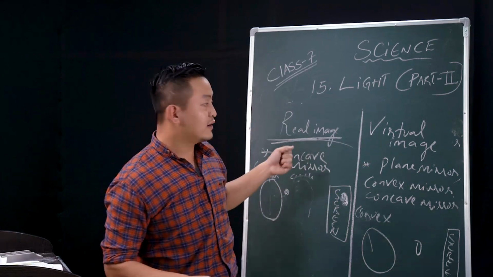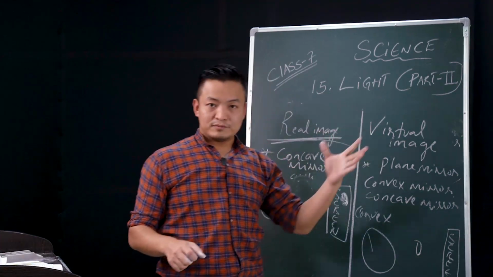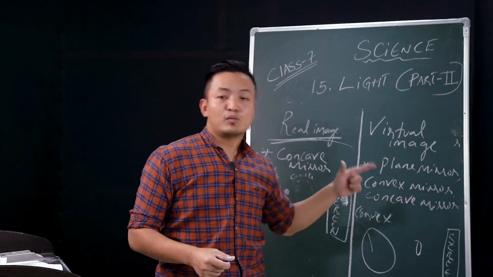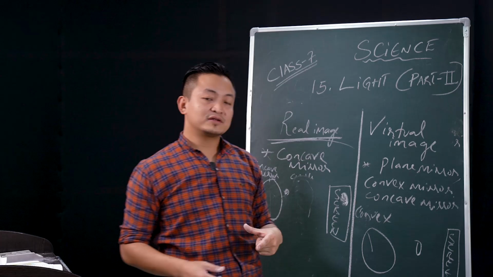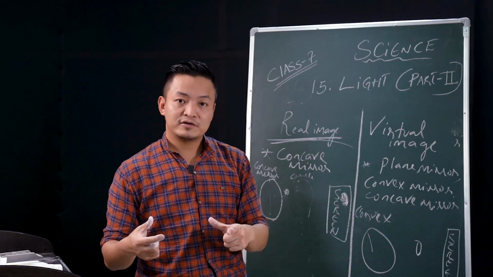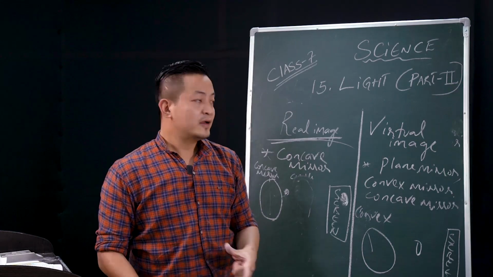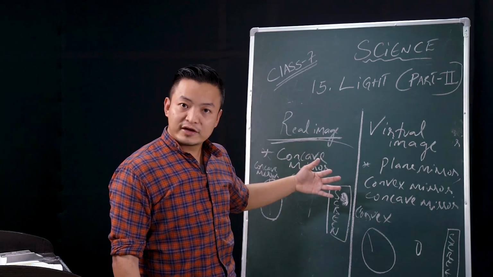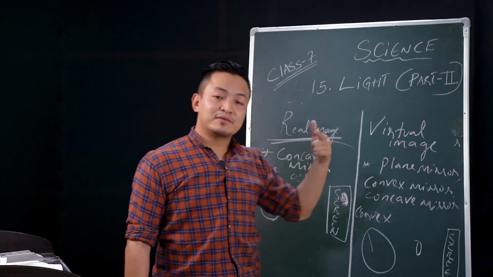Clear? And convex mirror gives us a wider field of view. So the most common example, often asked in exams, is its use as a rear view mirror in a car.